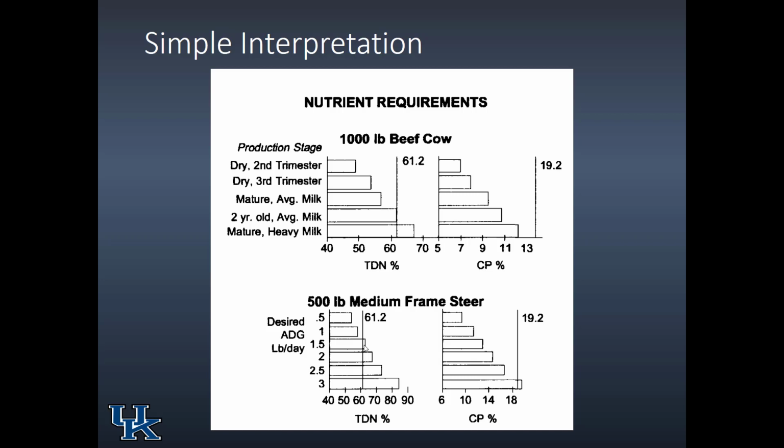So this is a very simple way to let yourself know, or let a producer know, how their forage is, and if it's any good or not. And I can't tell you how many times I took a forage analysis and took those two numbers, protein and TDN, and drew them on this graph and said, okay, then we won't have to supplement with protein. We will have to supplement with energy.